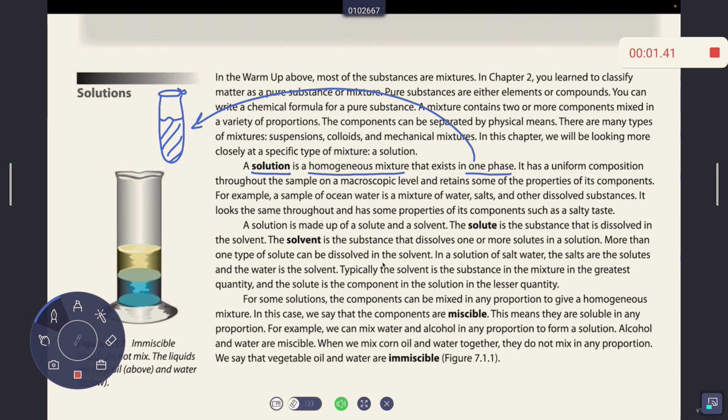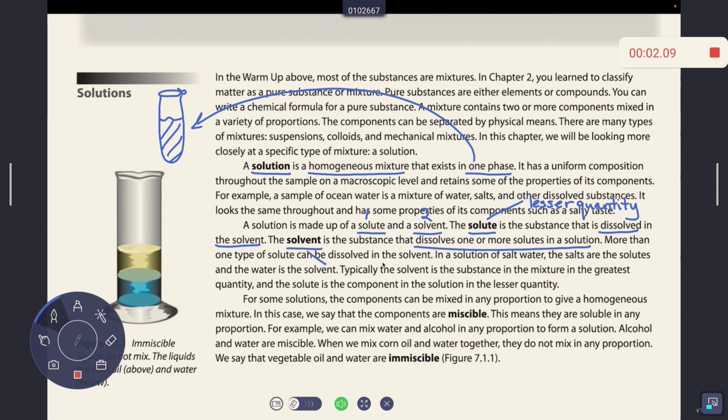Now, solutions are typically made up of two things, a solute and a solvent. Okay, the difference between the two is that a solute is the substance that is being dissolved in the solvent. Typically, the solute is present in a lesser quantity. And then the solvent is the substance that's doing the dissolving.